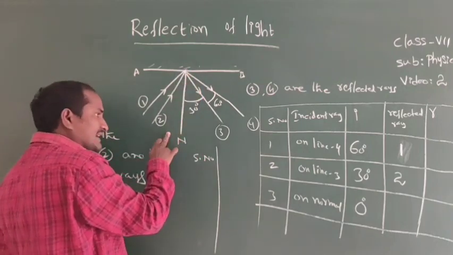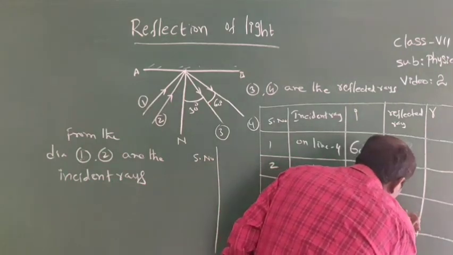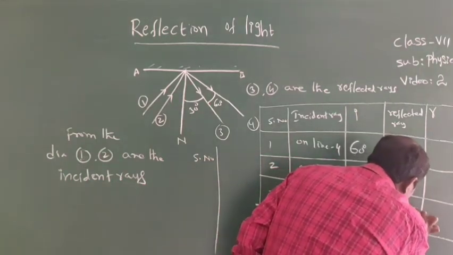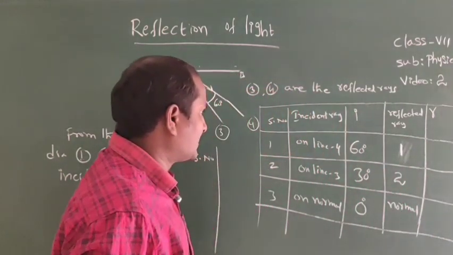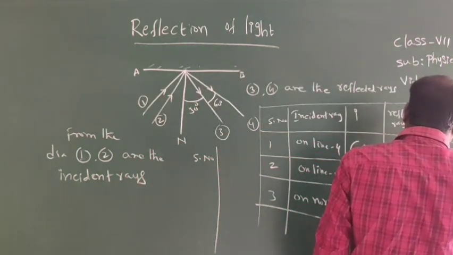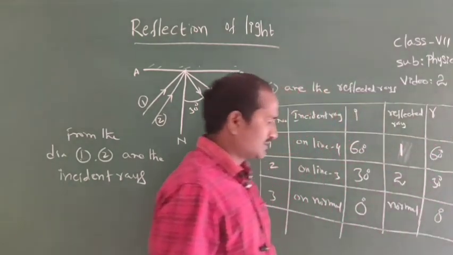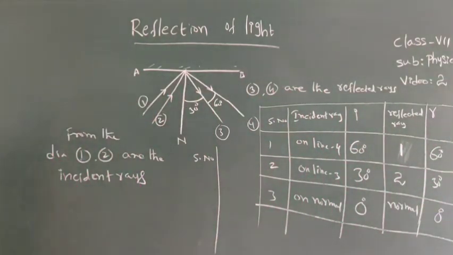So the incident ray is normal, therefore the reflected ray is also normal. The angles of incidence are 60 degrees, 30 degrees, and 0 degrees. It is the given table from your textbook.